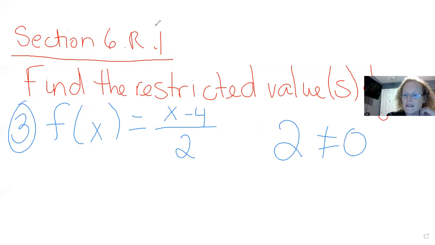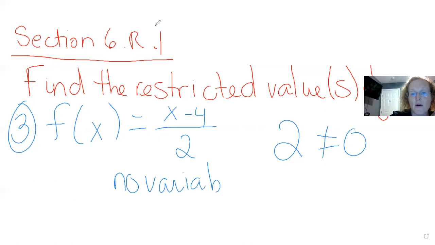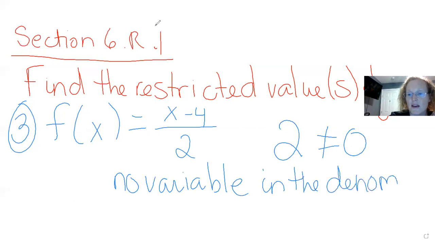And so when you get something like this, where you have no variable in the denominator, I'm going to write that down. Basically, you have no variable or no x, however you would like to word that, in the denominator. And I'm going to abbreviate that. What that means is that there are no restrictions.